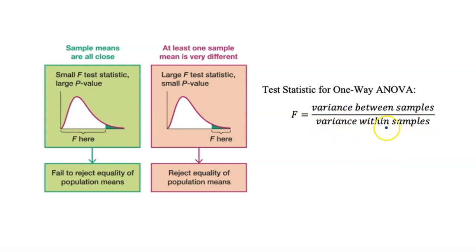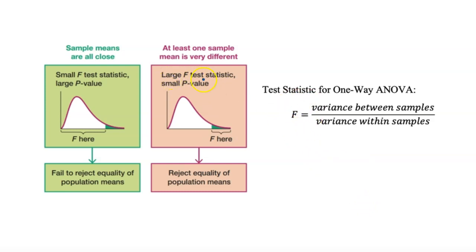If my variance within samples is pretty small, so if I have data in 3 different categories, and all of the values in category 1 are pretty much the same, all of the values in category 2 are pretty much the same, and all the values in category 3 are pretty much the same, then I'm going to have a small denominator. If the variance between samples is larger, if the average of sample 1 is different from the average of sample 2 and the average of sample 3, I'm going to have a higher F statistic.